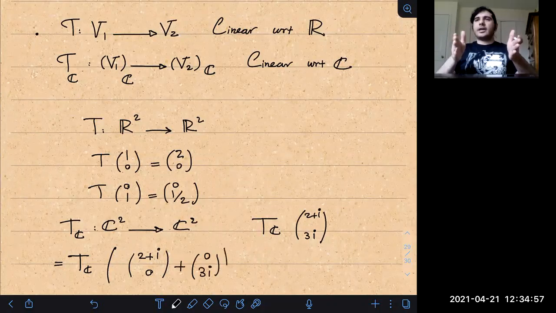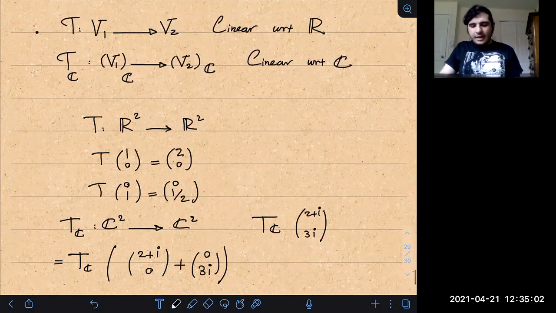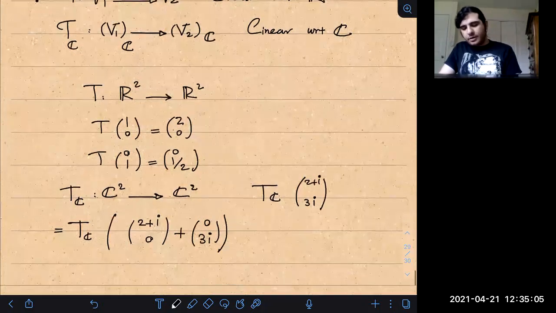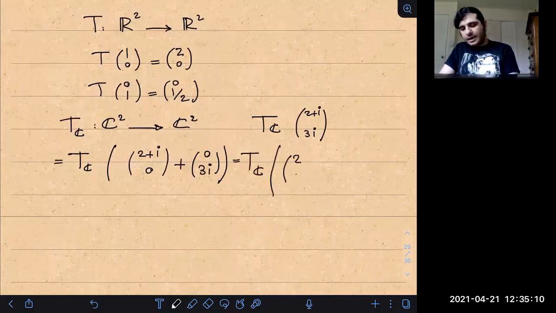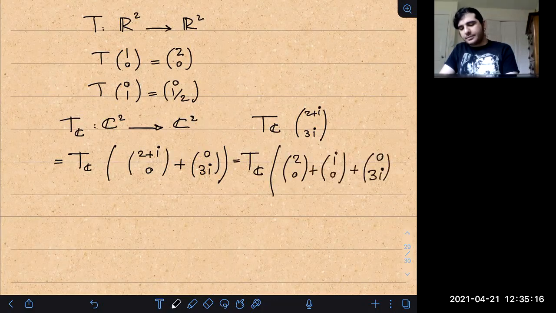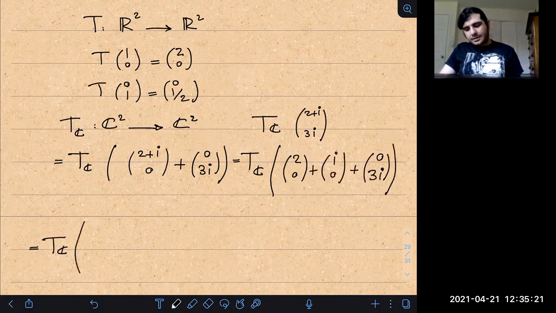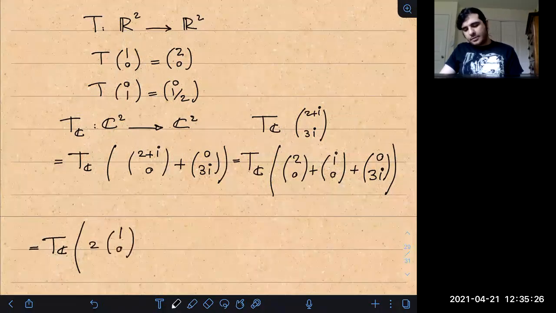I can write this vector as a sum of two other vectors. I can simplify that a little more: (2+i, 0) is (2, 0) plus (i, 0), plus (0, 3i). I can continue by bringing the scalars out of the vector. So it would be 2(1,0) plus i(1,0) plus 3i(0,1).